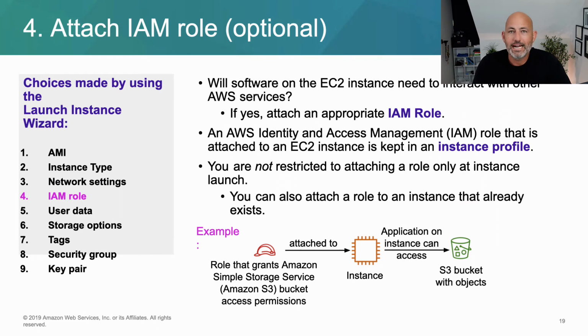You could also attach an IAM role. And this is very interesting. I think many people are confused about IAM roles because they want to create, let's say, an API key and put it on the machine, which is a no-no. What you want to do instead is create a role inside of AWS IAM and then give that particular instance access to that role.